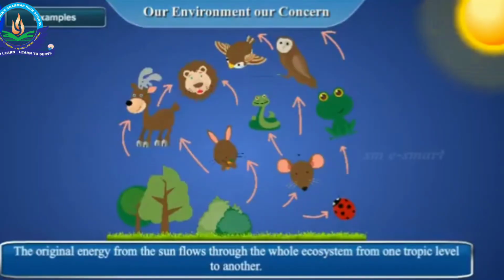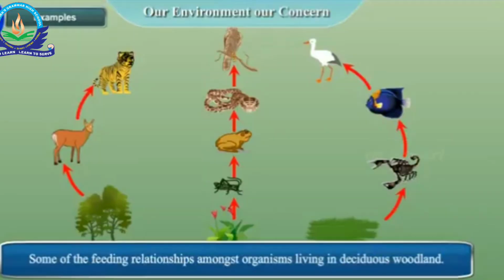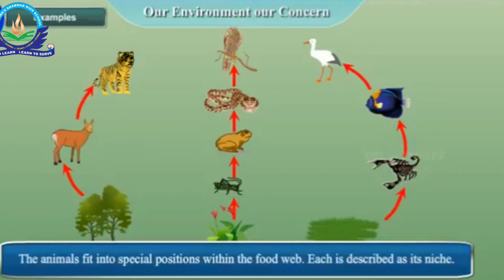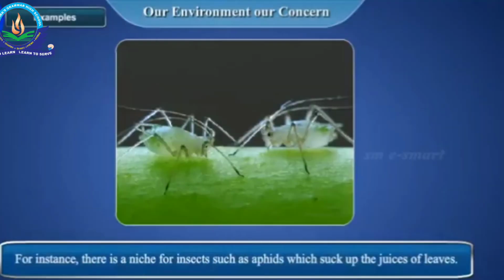The original energy from the sun flows through the whole ecosystem from one trophic level to another. Consider some of the feeding relationships amongst organisms living in deciduous woodland. The animals fit into special positions within the food web. Each is described as its niche. For instance, there is a niche for insects such as aphids, which suck up the juices of leaves.